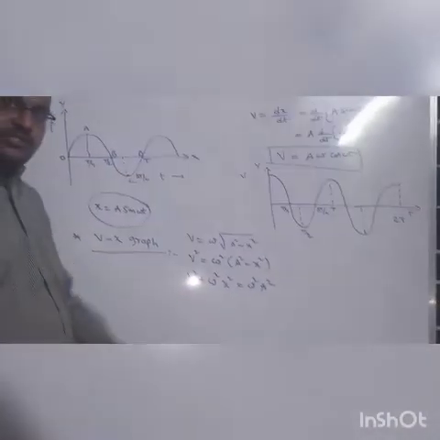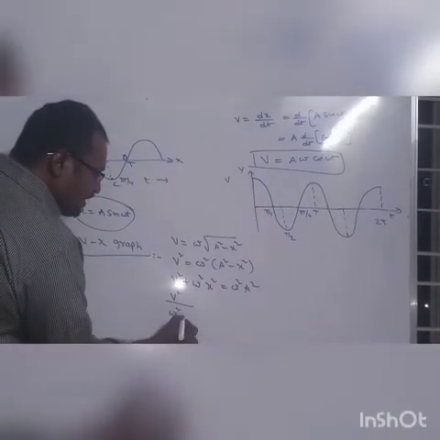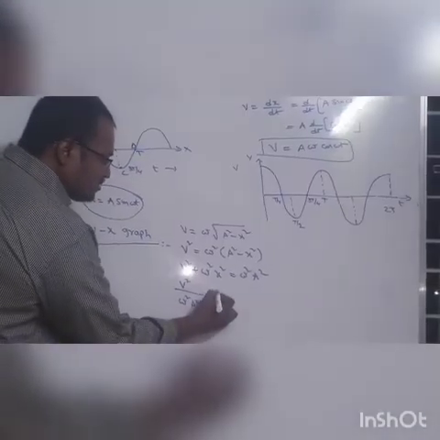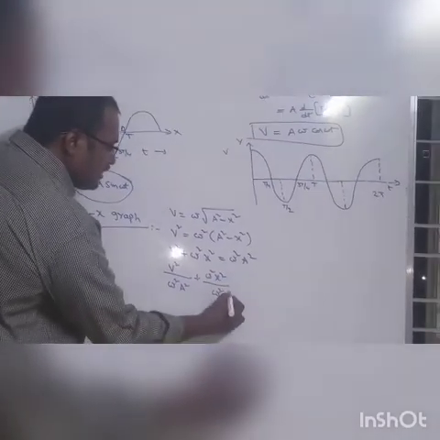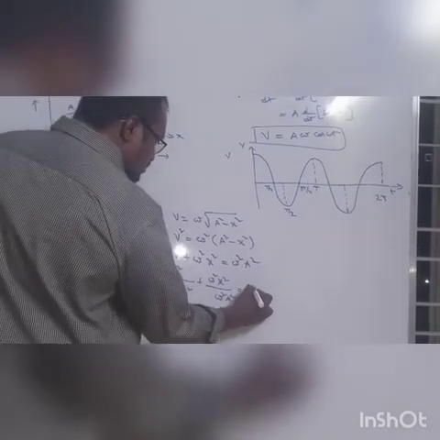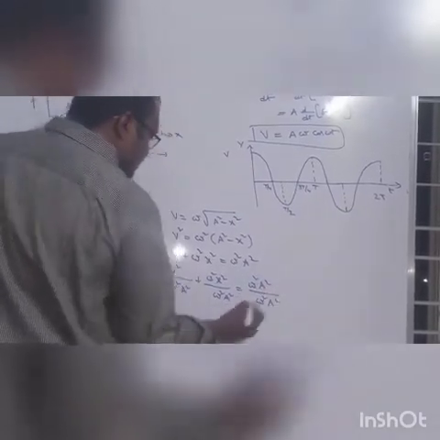Now on both sides we can divide by omega square a square. So v square by omega square a square plus omega square x square by omega square a square is equal to omega square a square by omega square a square.